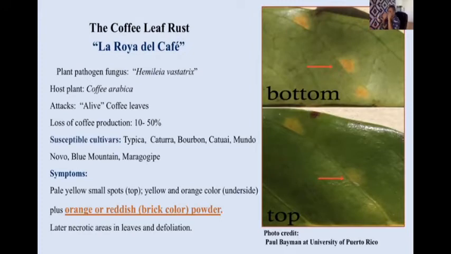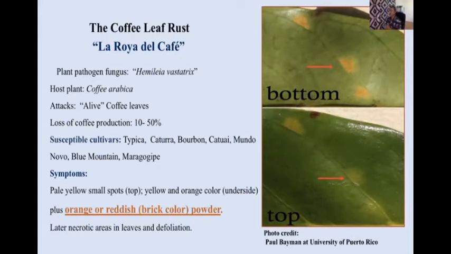This is the most important sign when we go to the field and say, okay, this is the rust. However, it's very important that when people take the samples, people from the Hawaii Department of Agriculture or University of Hawaii, they do the confirmation in the laboratory, because they have all the keys to prove this one. But right now, this is how it looks on the leaves.